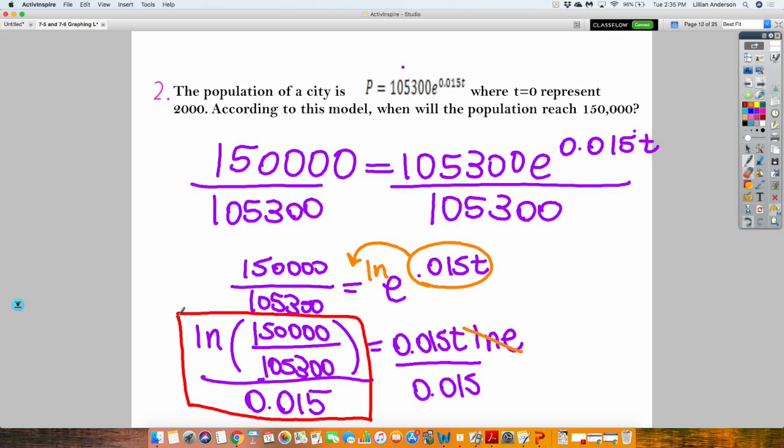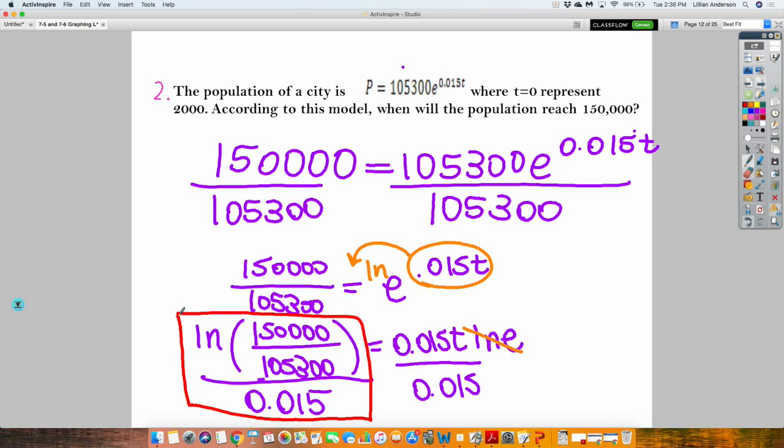Make sure you're careful on how you're typing this in. You need to do the parenthesis fraction. Then you need to do the ln, and then divide by 0.015 if you're using these scientific calculators.